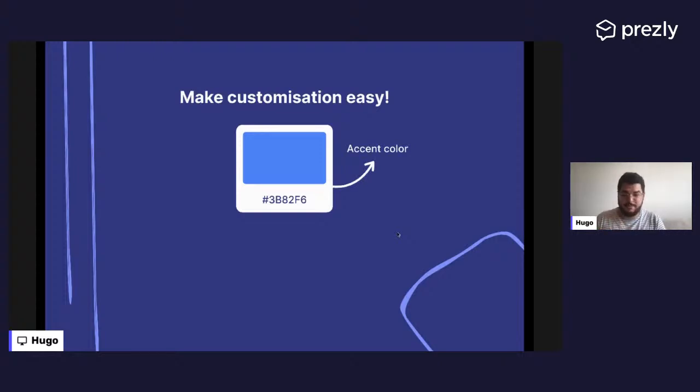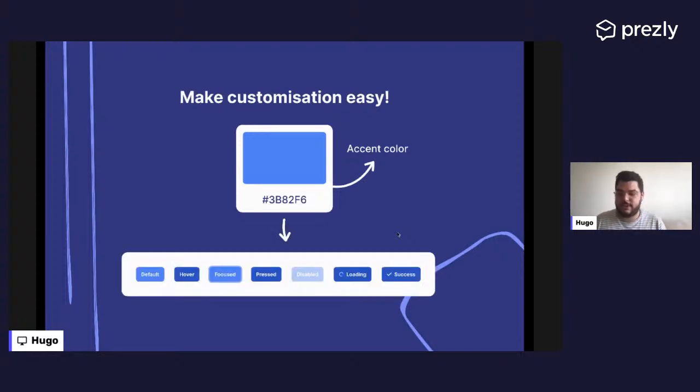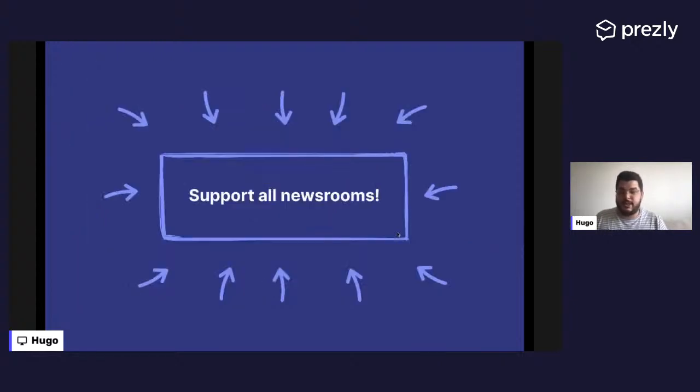Coloring was one of the main time consuming tasks on the old theme. With the accent color, you basically need to add your brand color to the theme settings, and we will figure out automatically and smartly how to handle that color. We will create the shades and the tints for that. So we take care of everything. You just need to add your hex code there.